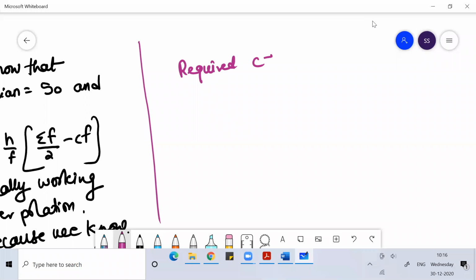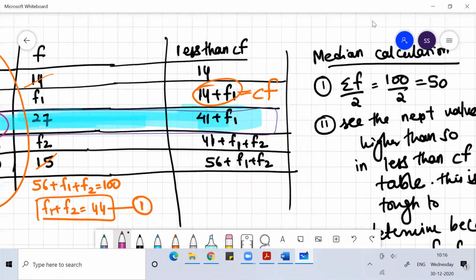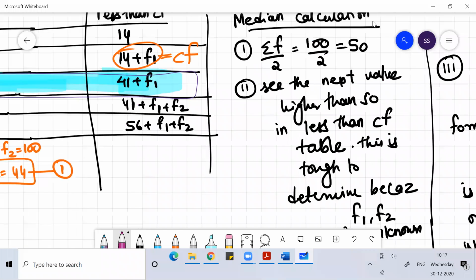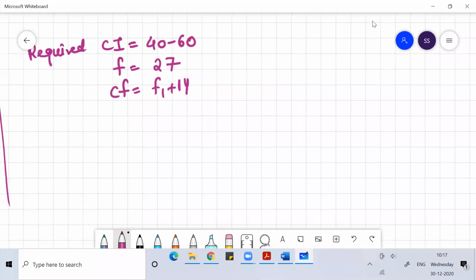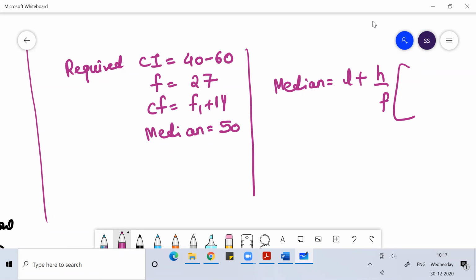Your frequency for this is 27, and the cumulative frequency before it is f1 plus 14. Once you get that, apply the median formula: L plus h by f, that is sum of f by 2 minus cf.